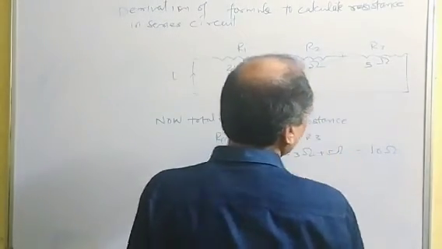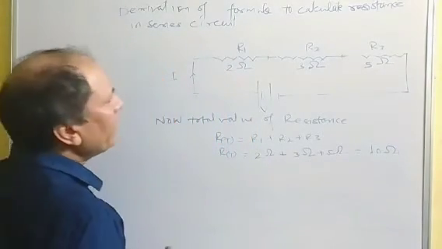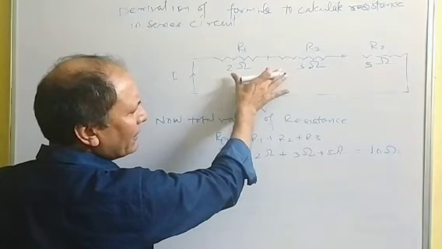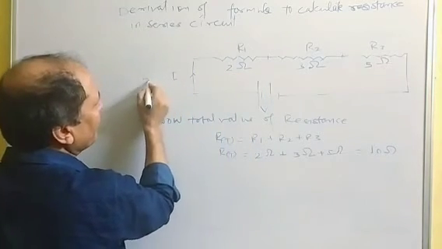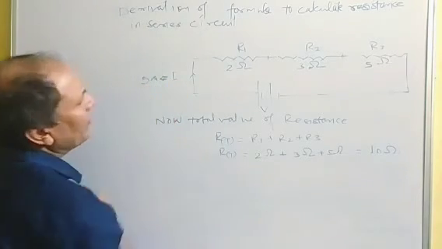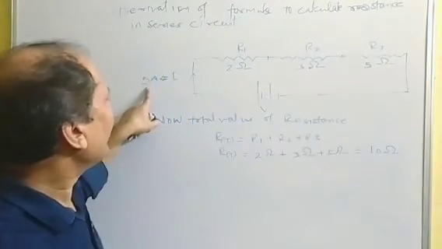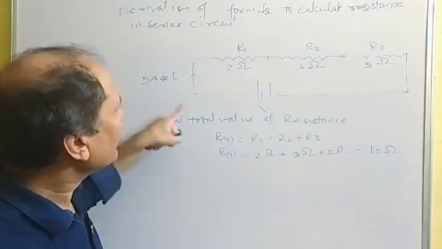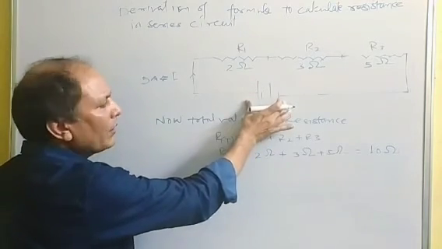Sometimes it is said the other way: due to applying these resistances, if a current of 5 ampere is passing through the circuit, calculate the potential difference.